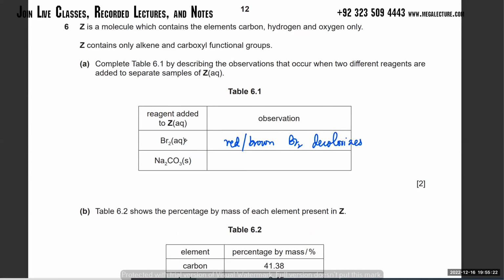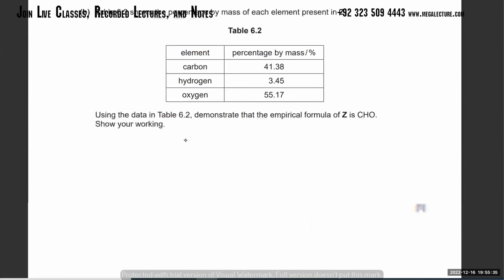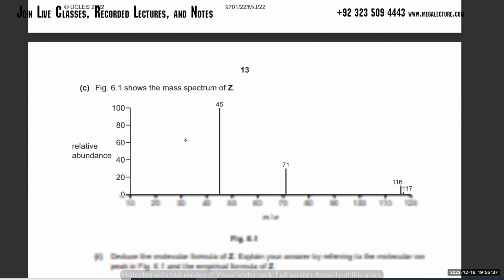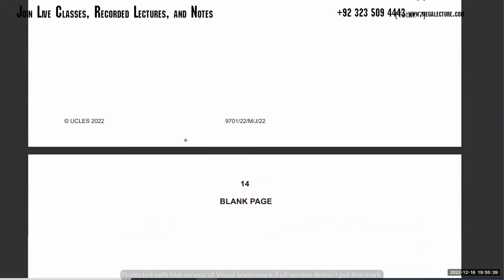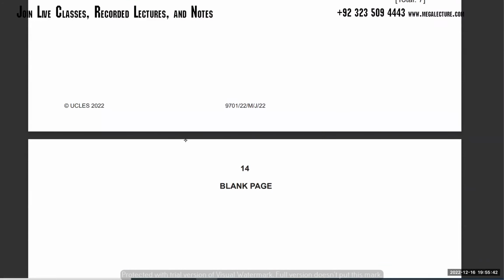If you add Na2CO3 to a carboxylic acid, you'll see effervescence of carbon dioxide gas. और बाकी फिर, अच्छा that's not organic. तो ठीक है, इसके organic के क्वेश्चन हमने इस पेपर के कर लिए, ठीक है? क्लियर है ये? जी सर.